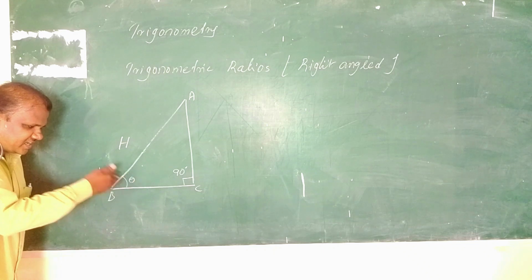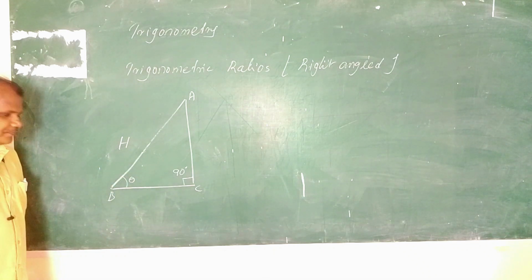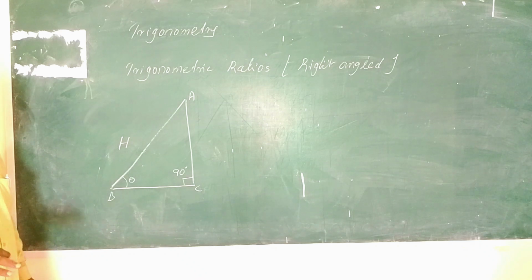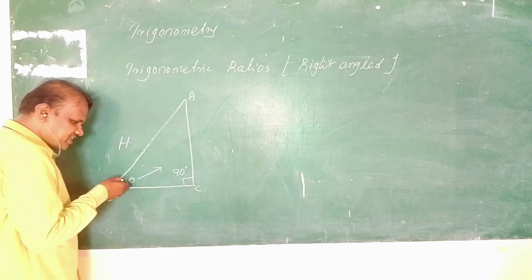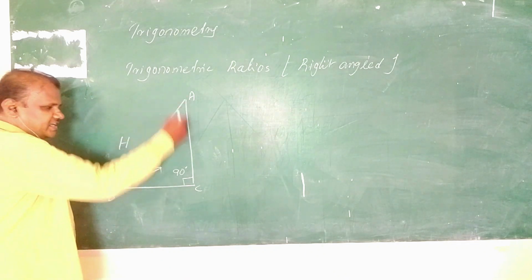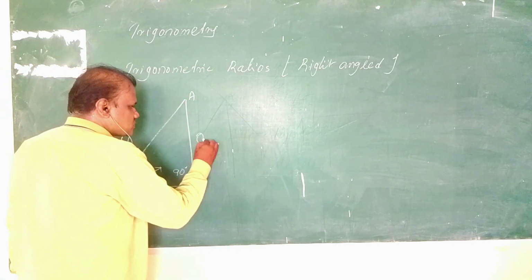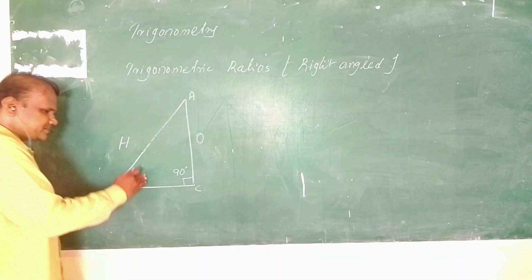The particular angle theta is located at B. With respect to B, the opposite side is the side opposite to the reference angle theta, which is AC. So this is called the opposite side.